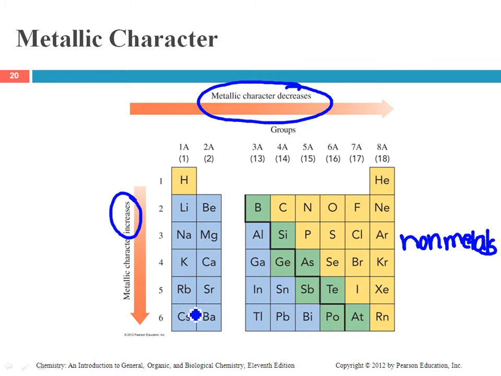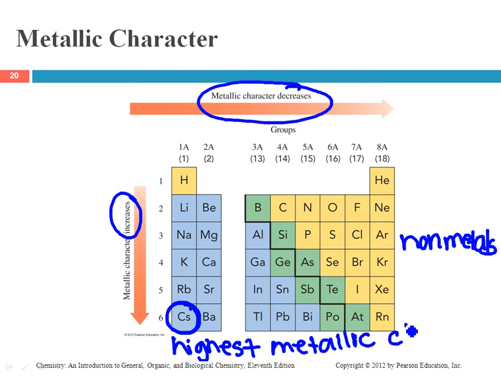So once again, on the previous slides about ionization energy, cesium had the lowest ionization energy. And that's because it wants to lose electrons. So for the same reason, it has the highest metallic character, because metals want to lose electrons.